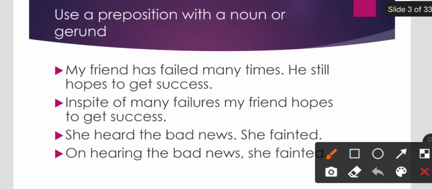The second one, use a preposition with a noun or a gerund. A gerund also functions as a noun and it is formed by adding ing to the first form. So this is also the second way to frame a simple sentence. See the example, my friend has failed many times. He still hopes to get success.